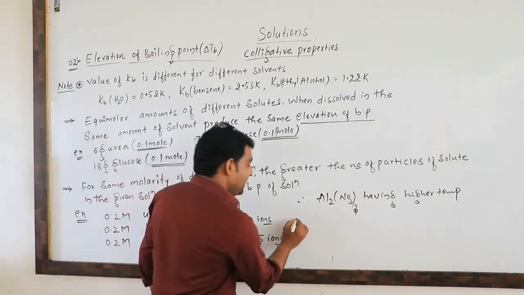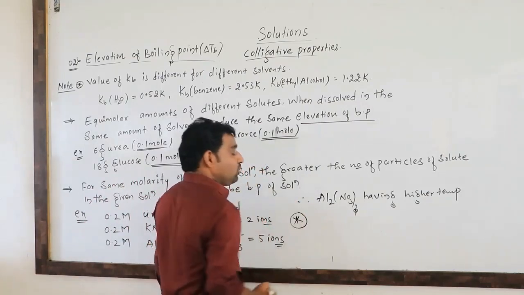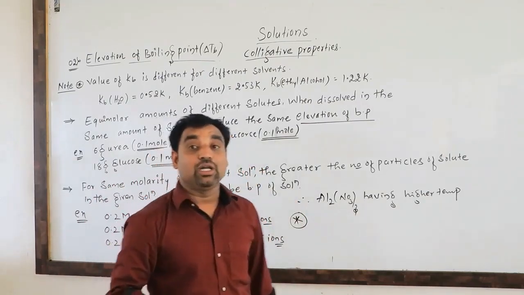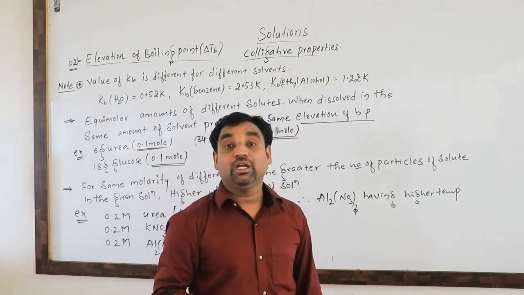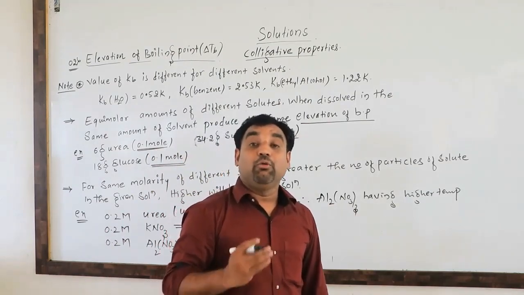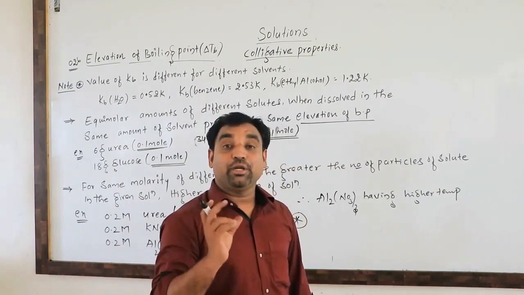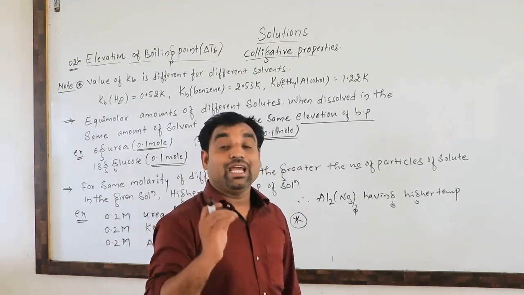And one more point you can remember: why is cooking fast in a pressure cooker? Because at higher pressure the solution will start to boil at a higher temperature in the pressure cooker, hence the cooking time will be reduced.